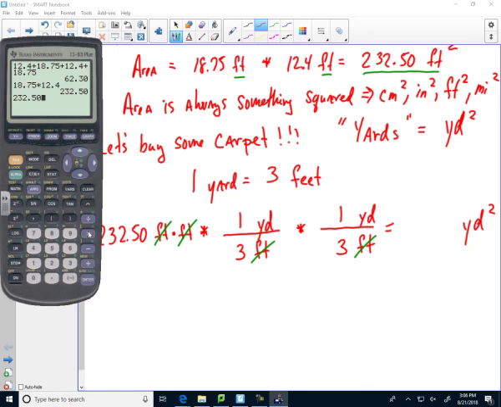So here's what we're going to do. Divide by, now on the bottom I need 3 times 3, so I'm going to do parentheses, 3 times 3, close the parentheses. That is the 3 times the 3. I put it in parentheses to make sure the calculator did that first.